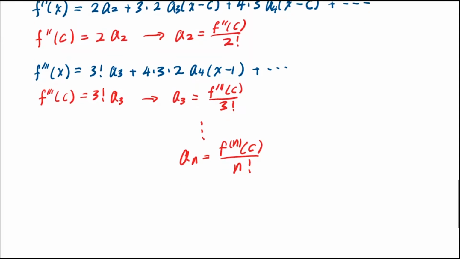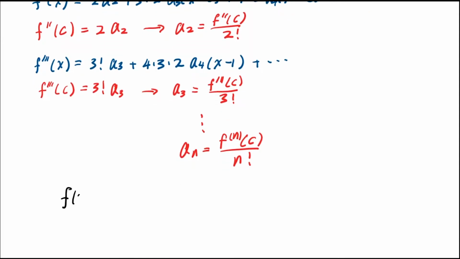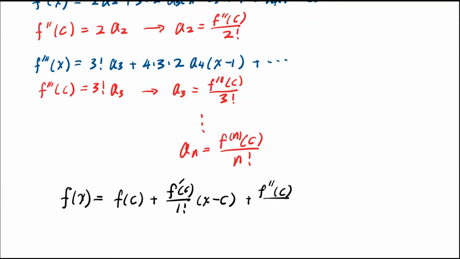So our series looks like this. f of x, whatever the function is, if it's differentiable and not having vertical asymptotes, a nice, well-behaved function, will look like A0, where A0 is f of c, plus f prime of c over 1 factorial, if you will, times x minus c, plus f double prime of c over 2 factorial x minus c squared, plus f triple prime of c over 3 factorial x minus c cubed and dot dot dot.